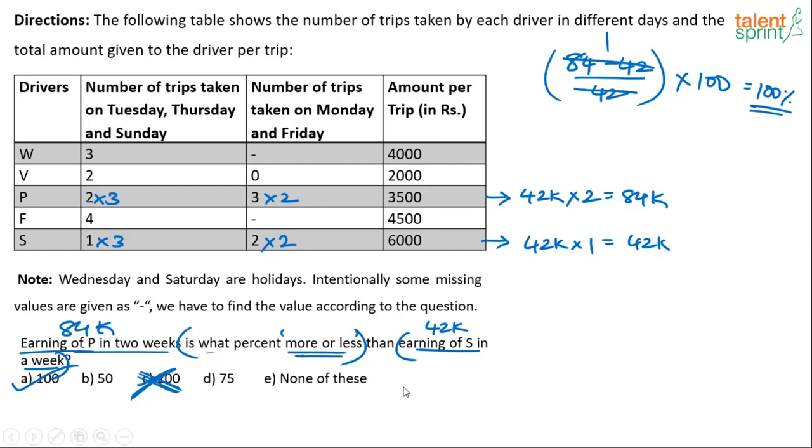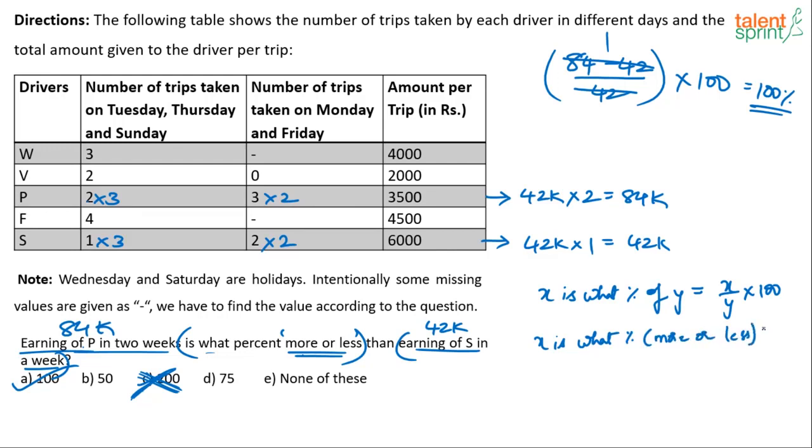Remember, if x is what percent of y, it will be x by y into 100. X is what percentage more or less than y? It is x minus y by y into 100.